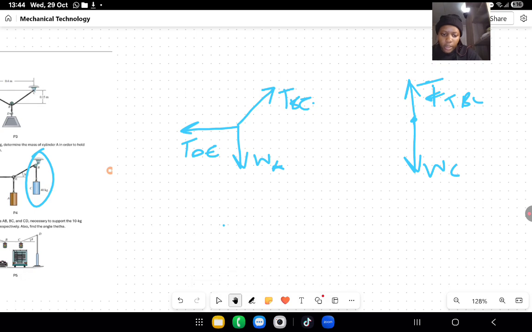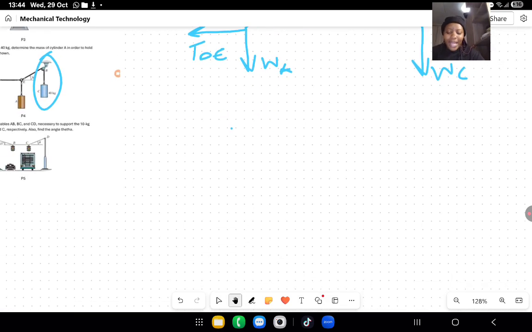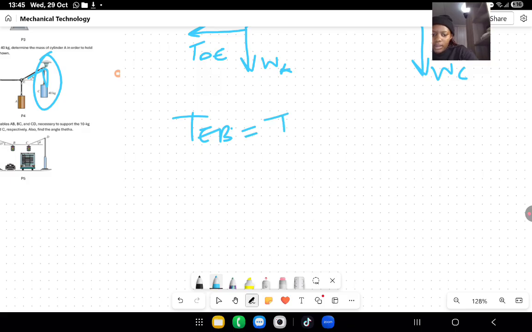Since we have drawn our free body diagram, let us try and calculate. From here, the tension at TEB equals the tension at TBC, which equals WC. Do you understand me?